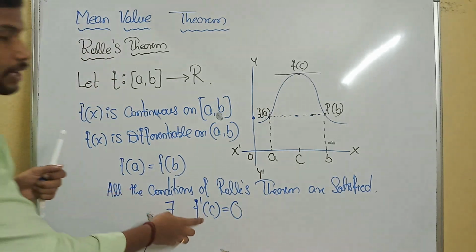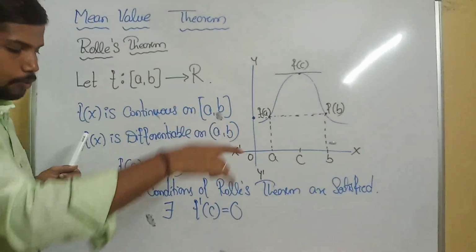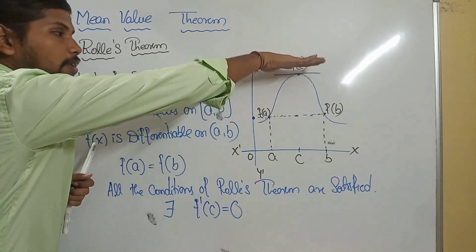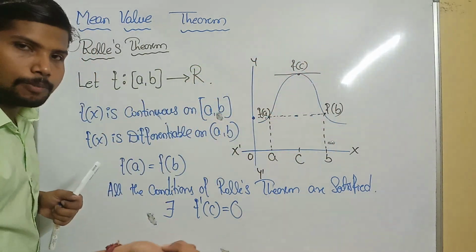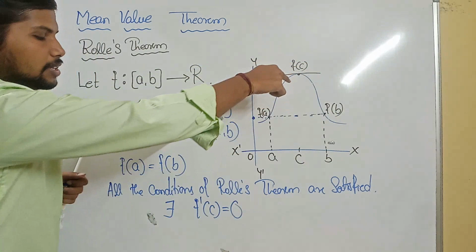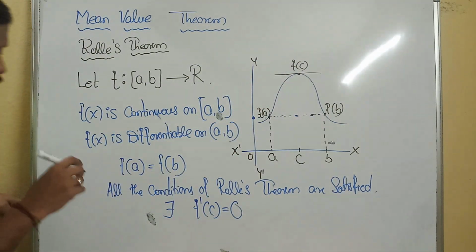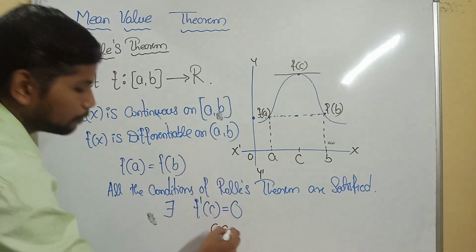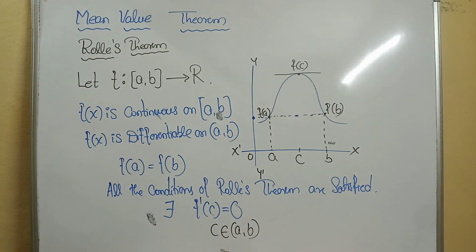The tangential point's derivative at that point is equal to 0. Why? Because our tangent is parallel to the x-axis, its slope will be 0, and if the slope is 0, the derivative at that point will be 0. That's why f dash of c equals 0, and this c always belongs to the open interval (a, b). Then we can say all the conditions of Rolle's theorem are satisfied.